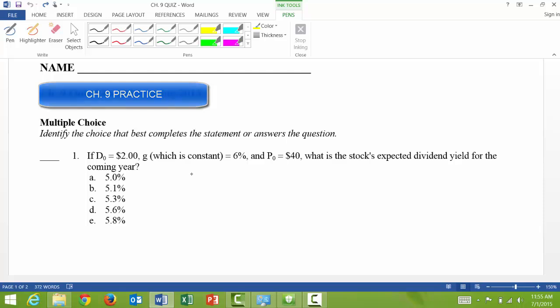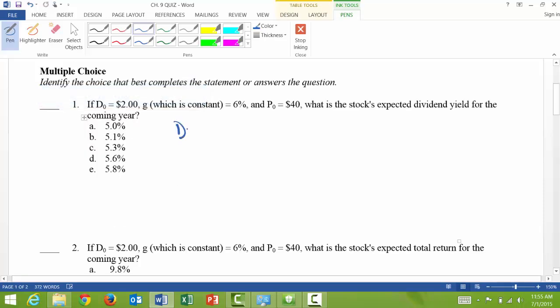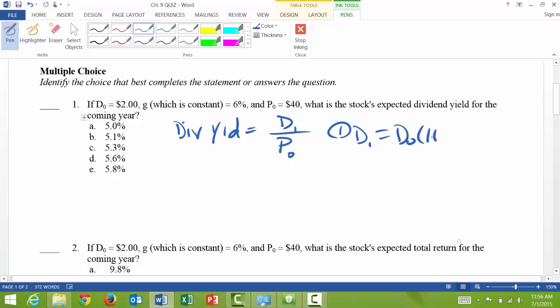Well, the dividend yield is equal to D1 over the price of the stock today. And so what we need to do first is get D1. And D1 would be equal to the last dividend paid, D0, times 1 plus the growth rate.